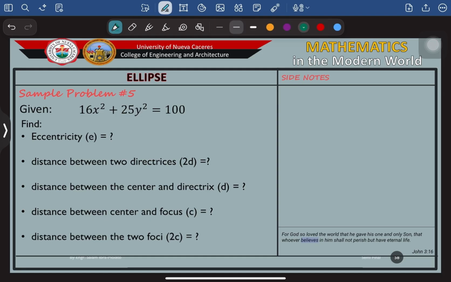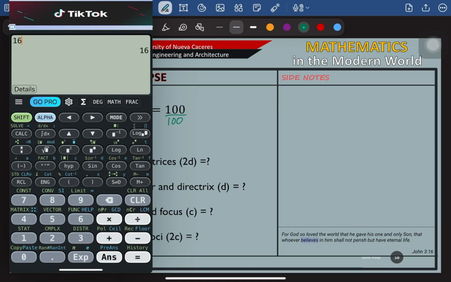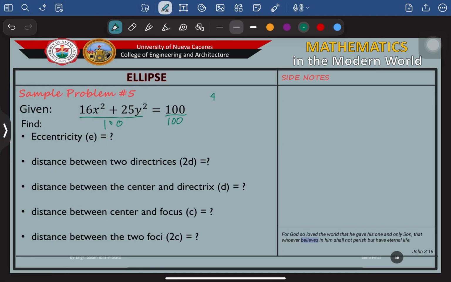In solving this one, we need to convert it first to standard form, so by dividing both sides by 100. So 16 divided by 100 is equivalent to 4 over 25. X squared plus 1 over 4 y squared equals 1.